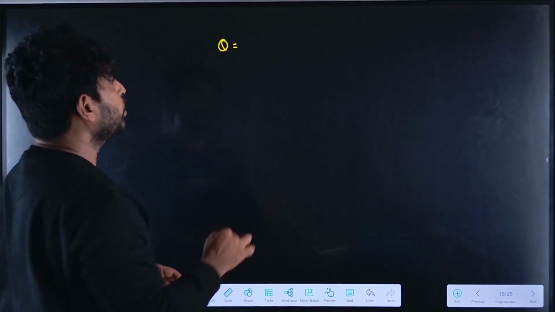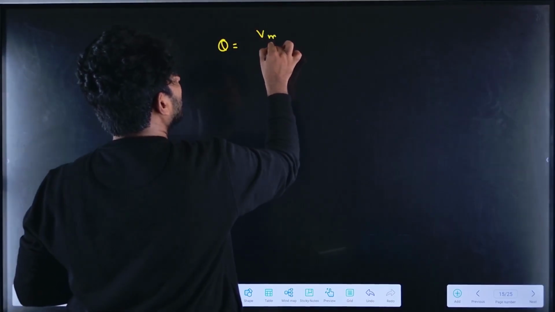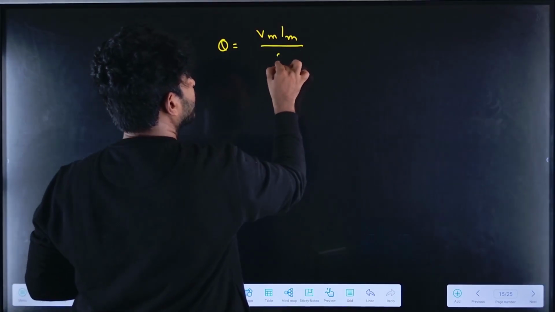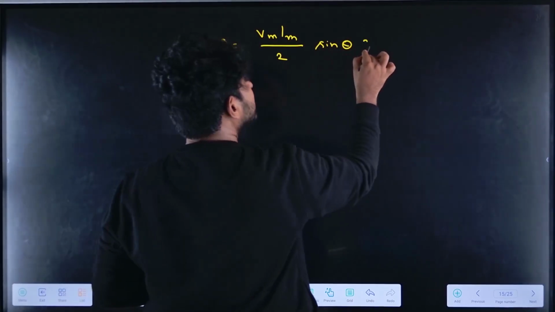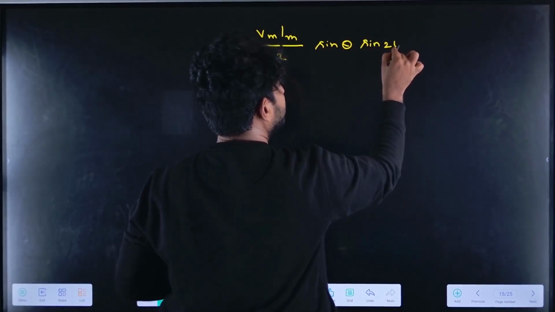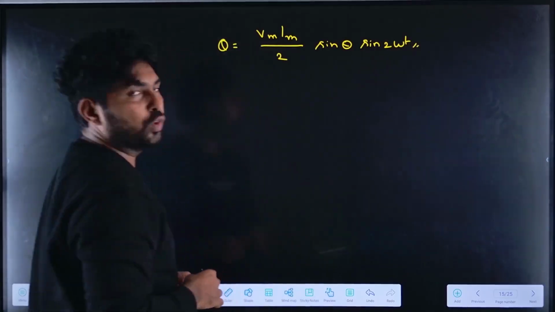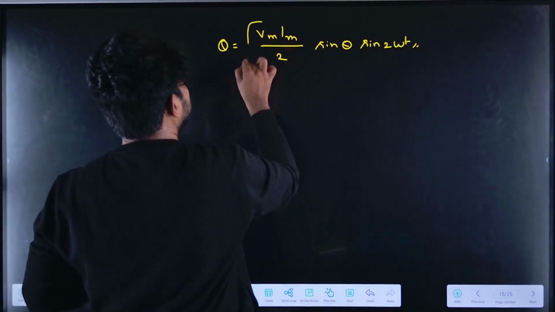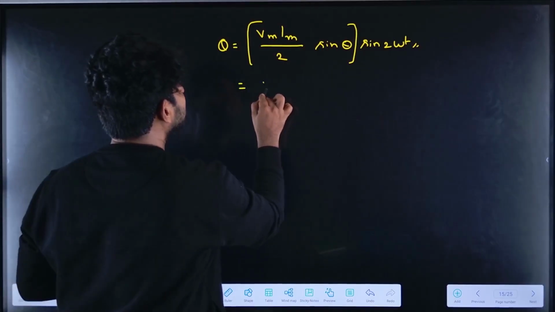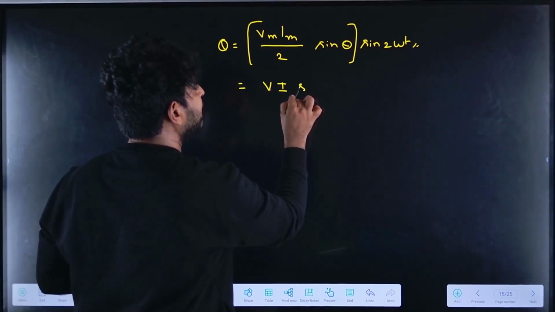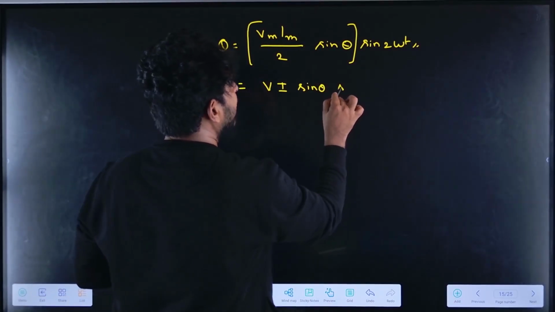Reactive power equal to Vm Im by 2 sin theta into sin 2 omega t, which in RMS value is equal to Vi sin theta into sin 2 omega t.